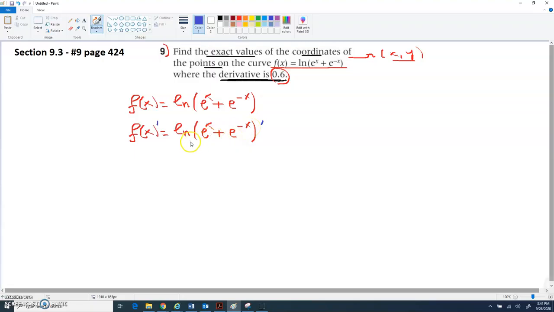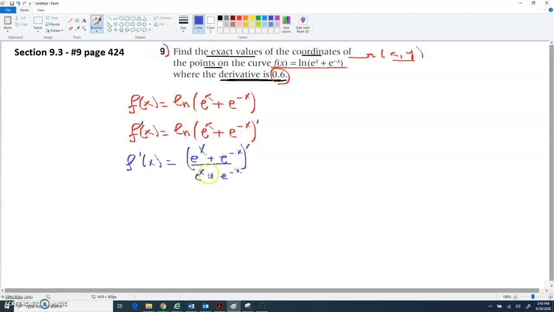So first, I'm going to find the derivative of this function. f prime of x is going to be equal to the derivative of e to the x plus e to the negative x, over, it's 1 over x, and in this case that is e to the x plus e to the negative x. Hope that makes sense so far.